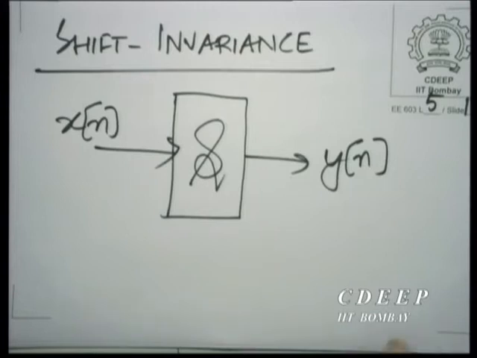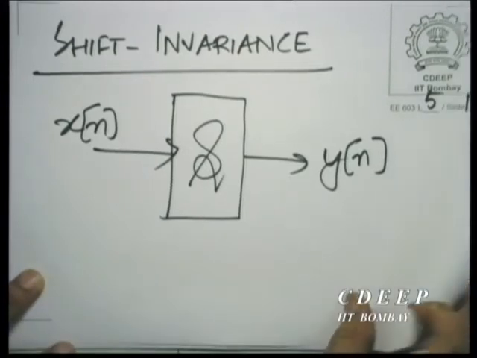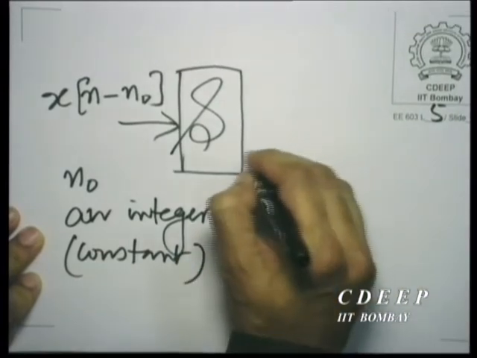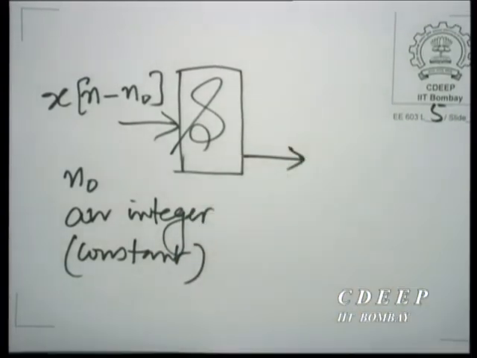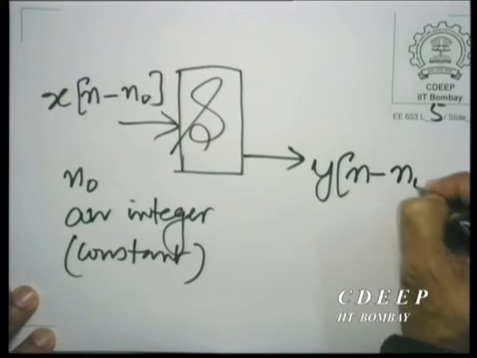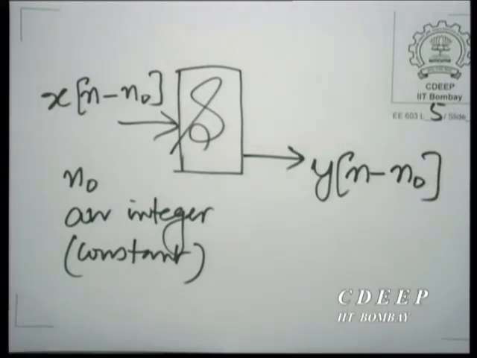And then we take the very same system S, apply to it the input x[n minus n0], where n0 is an integer and a constant. And the system is shift invariant if and only if the output is also y[n minus n0].